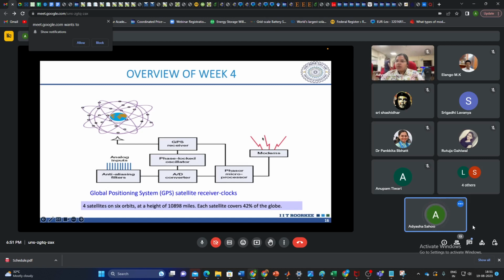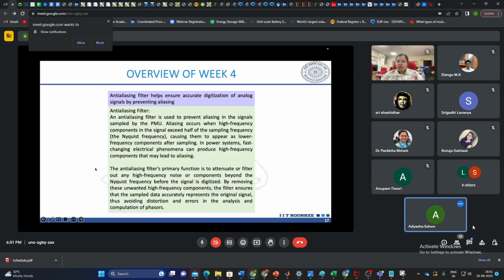This will transmit the data to the control centers. Previously, when we did not have Wi-Fi, if you remember, for BSNL also, we used to install these modems in our houses back in 2010, 2012, those eras. Okay, thank you.